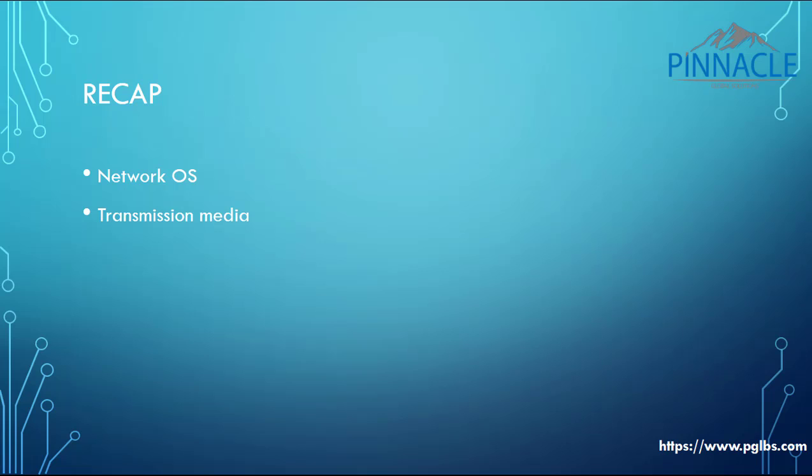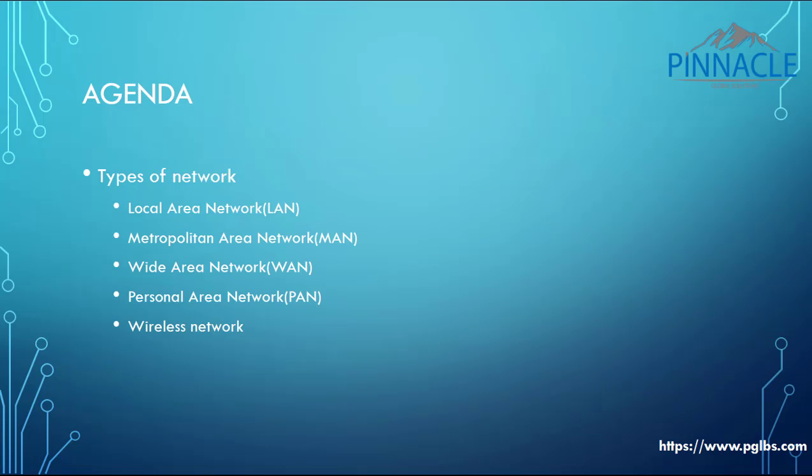Then we saw transmission media, the two different types, guided media and unguided media, and certain cabling techniques and different forms of communication like infrared communication, satellite communication, etc. We also came to know that the network operating system and transmission media are two basic elements of any network.